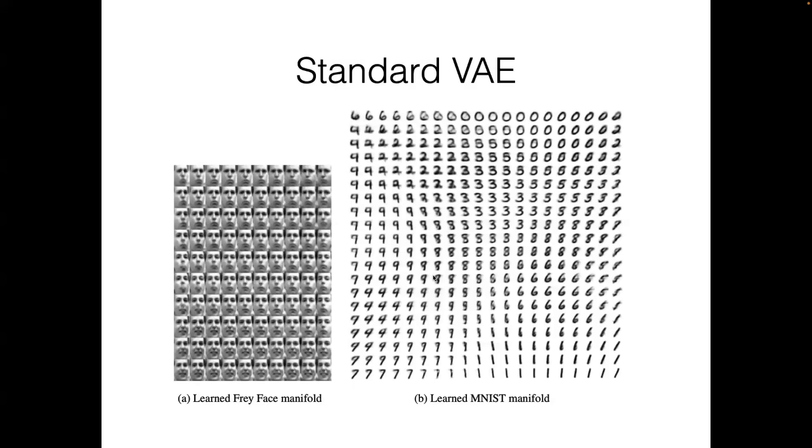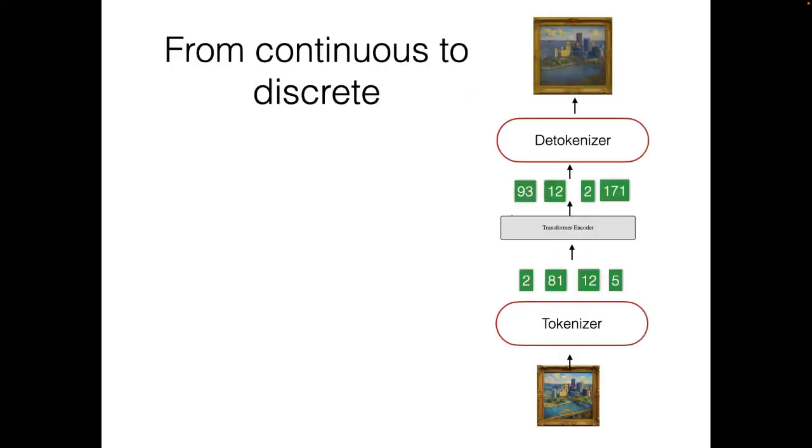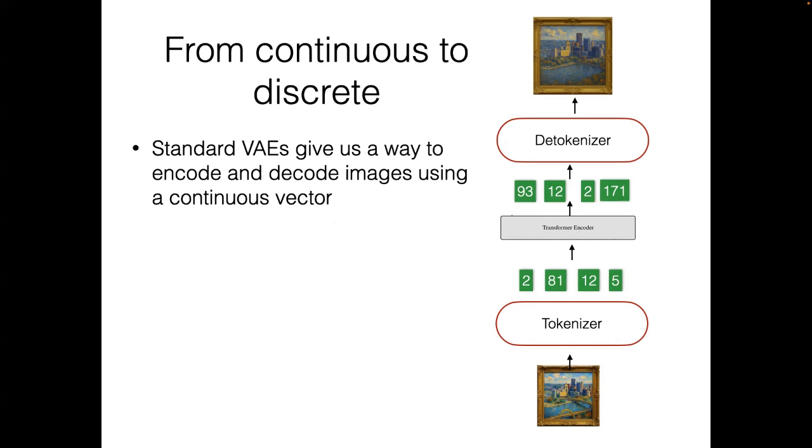One question that people were interested in is, instead of learning this continuous space, can you learn a discrete latent representation? That'll actually turn out to be relevant for our goal here. These standard VAEs give us a way to encode and decode from a continuous vector.